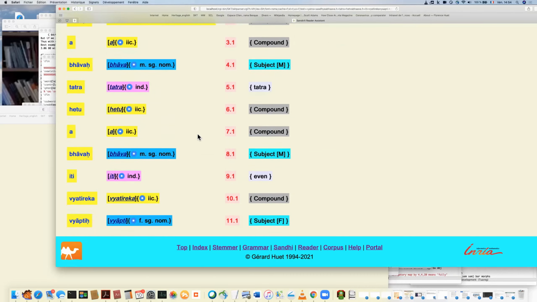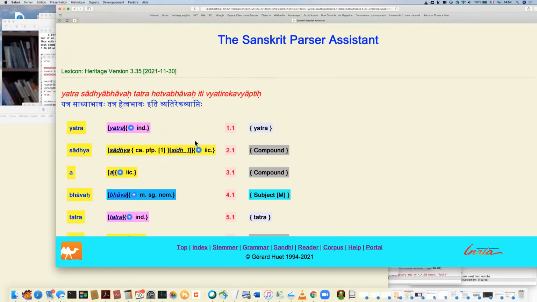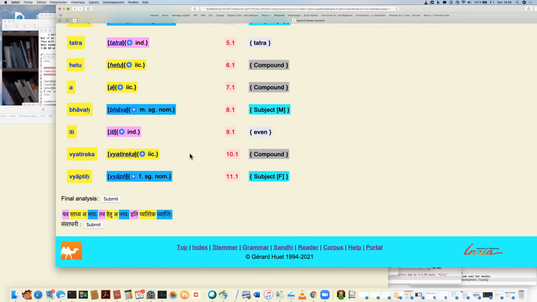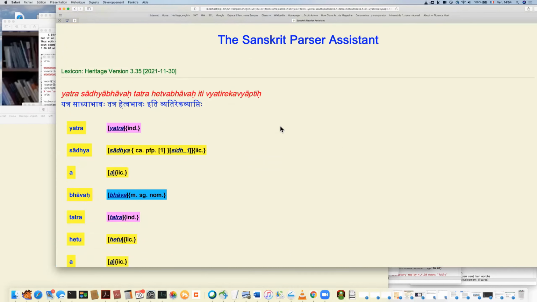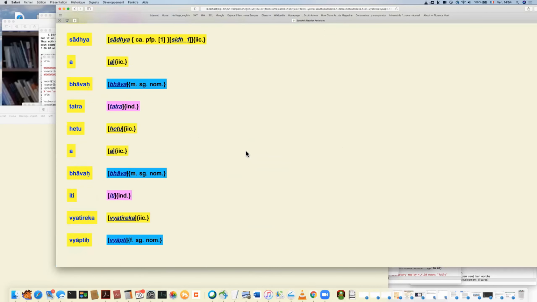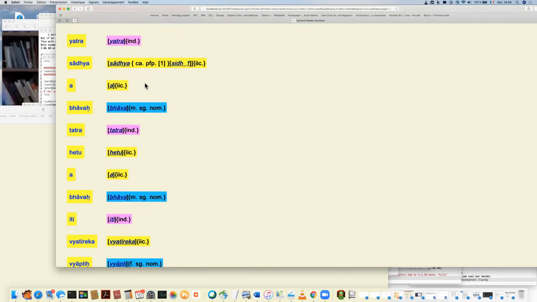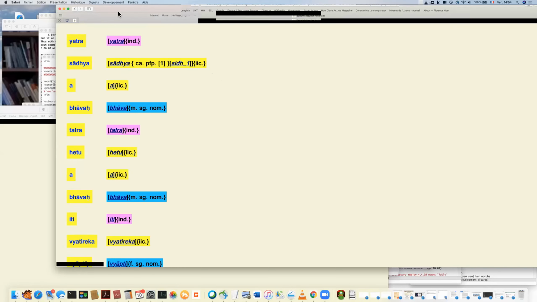Here it's done. There is no choice, so it's fine. You can go here. If you submit your final analysis, then you get to this terminal page where you have the text analyzed, and every pada has its pratipadika and its vibhakti. So you can record this on your site and proceed.